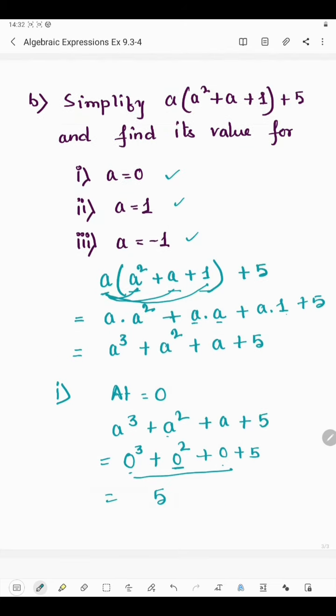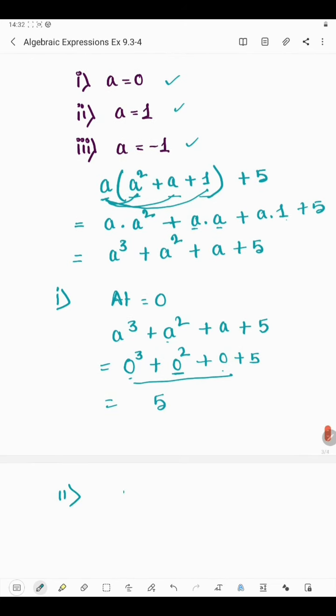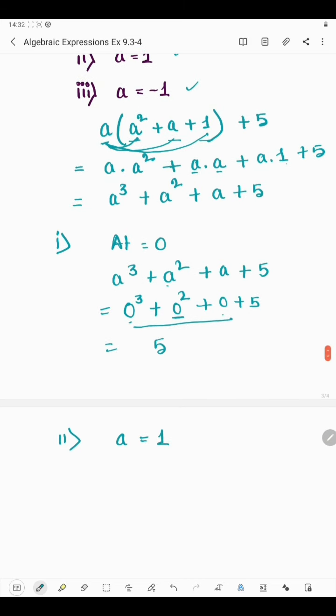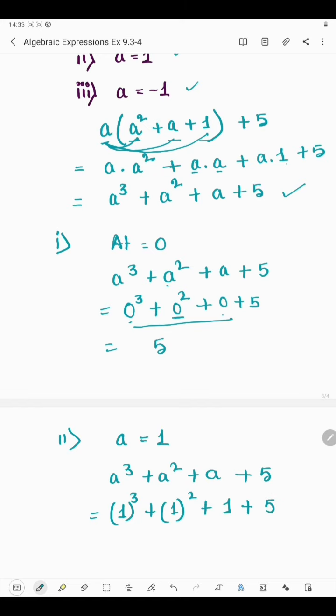Okay, now we will put the value of a, which is 1. We will put it in this same expression, which is a cube plus a square plus a plus 5. So just put the value in place of a, so it's 1 cube plus 1 square plus 1 plus 5.